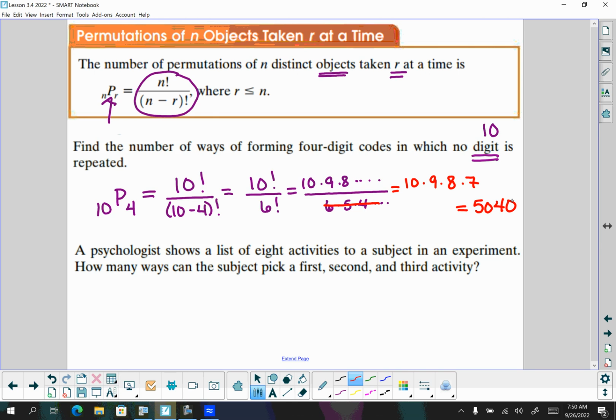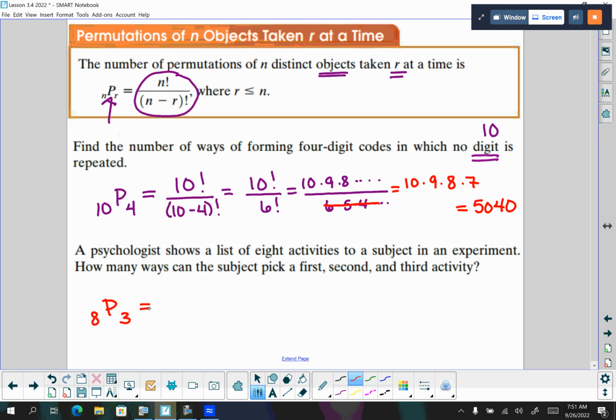So for the bottom one, a psychologist shows a list of 8 activities to a subject in an experiment. How many ways can the subject pick the first, second, or third activity? Okay, so how many things do I have to choose from? 8. And how many am I choosing out of that group? 3.